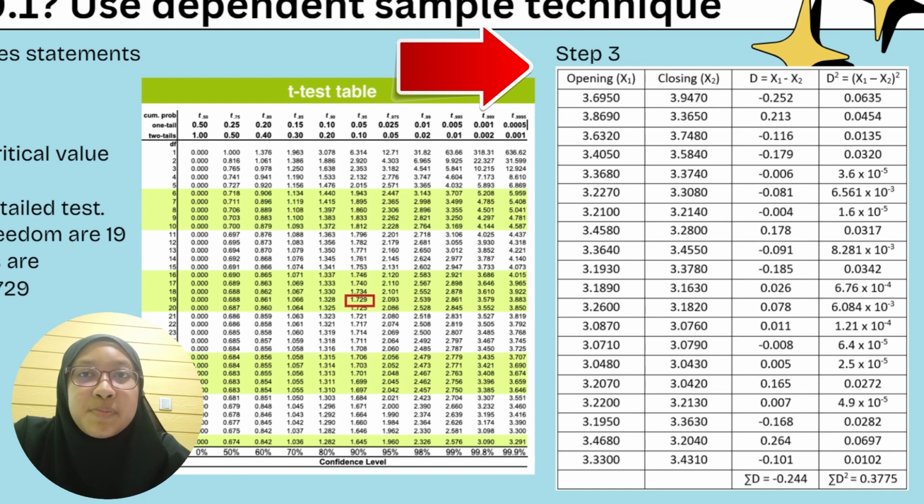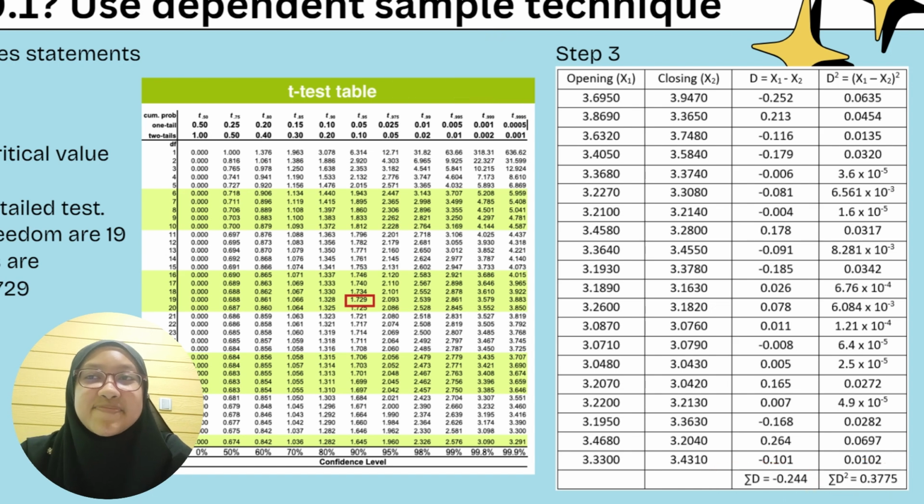Next, step 3, we make the opening as x1 and the closing as x2. So we can find the total of d and the total of d squared. The total of d, which we find by x1 minus x2, is negative 0.244, and the total of d squared is 0.3779.